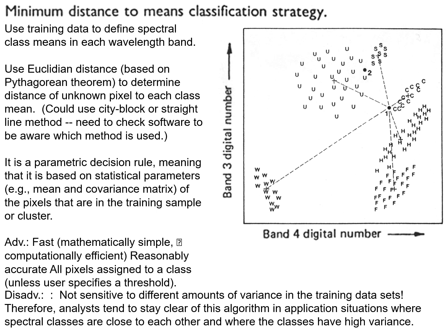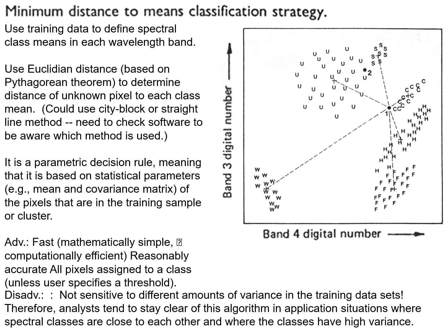So you use the Euclidean distance to determine the distance of each unknown pixel to each class mean. There are other distances. You should have studied this in GIS. You can use a city block distance or straight line method. But in general, it's the Euclidean distance that we use.